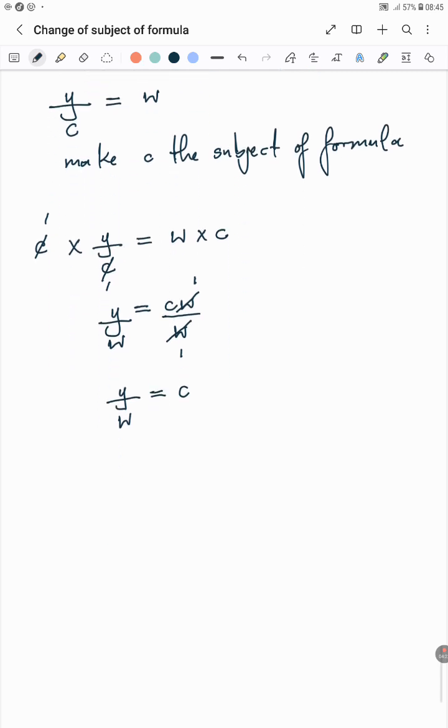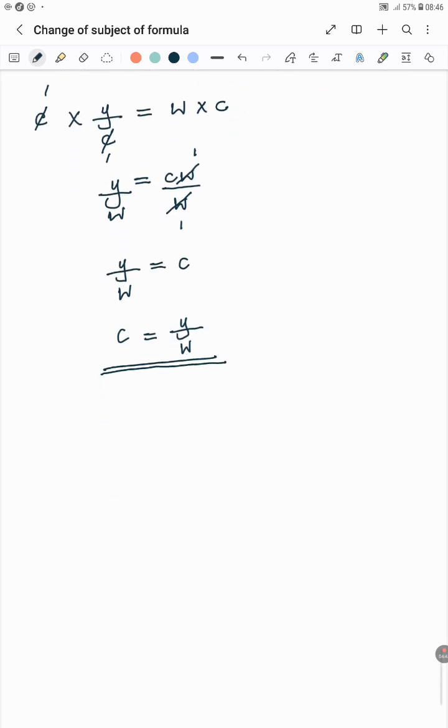And you can start by writing c on the left hand side, because we know these two sides are equal, so it doesn't matter which side you start writing. So now we say c is equal to y over w. So here you will be done making c the subject of formula.